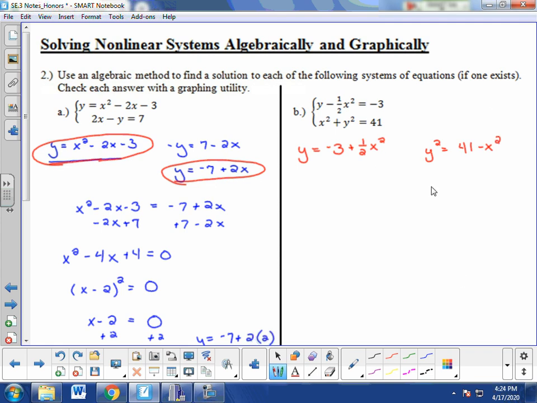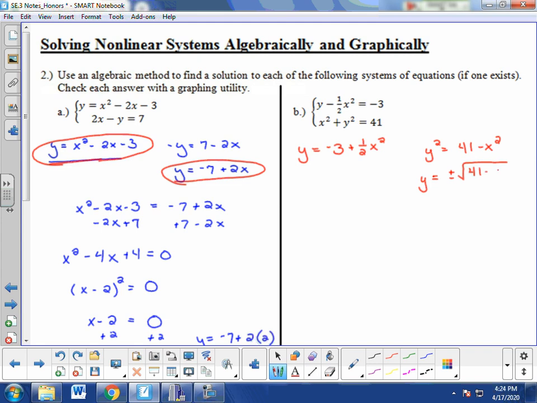Now, the second equation isn't quite finished yet. We don't have y completely by itself, so I need to get rid of this square value here. In order to do that, I would square root both sides of the equation. The square and the square root would just cancel each other out, so I'm left with y. Remember, in the solving process, when taking a square root, you have to have plus or minus.